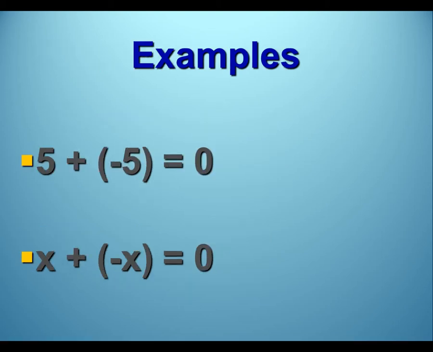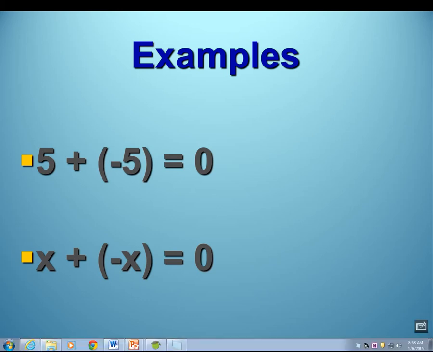Examples. We have 5 plus negative 5 equals 0. Or, an algebraic expression, x plus any negative x is 0. And if I were to rewrite that the way that we just had on the previous slide, what I could do is this. It would be 5 minus 5 equals 0.